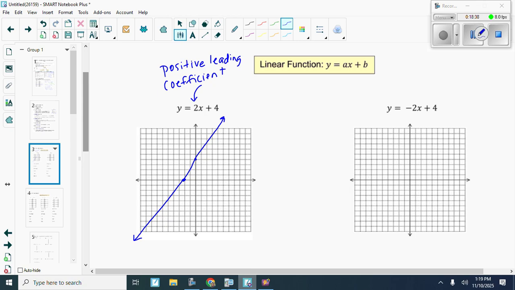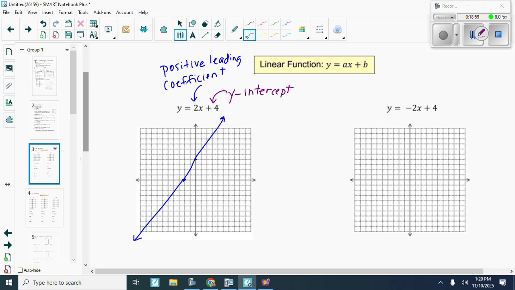Okay, in grade 10, this is what you learned. You learned that the plus 4 was your y-intercept. So you might have started with 4. And do you guys remember that 2 was your slope? So slope was rise over run.